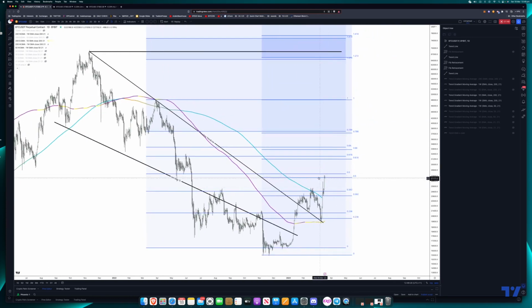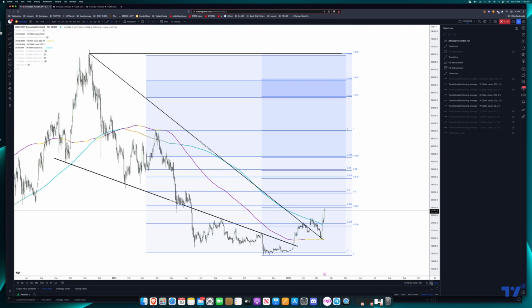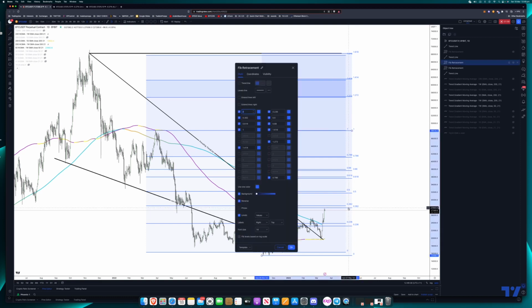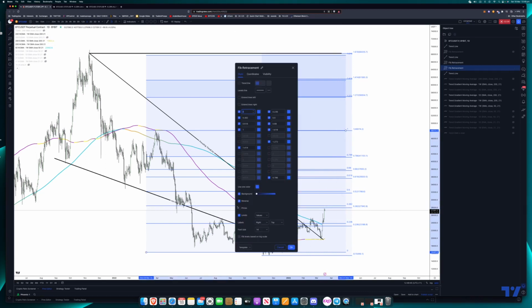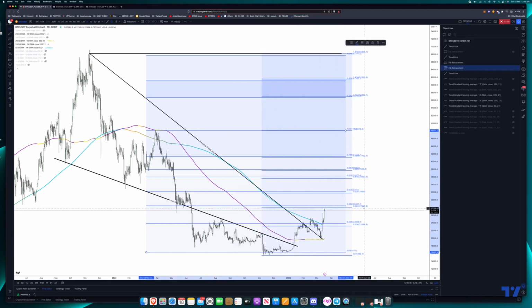But I do want to say that this is resistance at the moment. If we change the log settings, then you can see that it's slightly higher. So what we have here is price, and I'll add the other one as well. So 27,900 to 28k is probably where we're going to find major resistance based on this, because this has much more confluence.